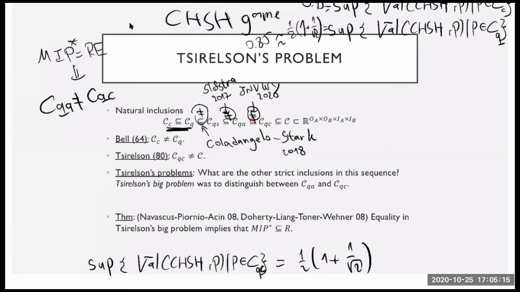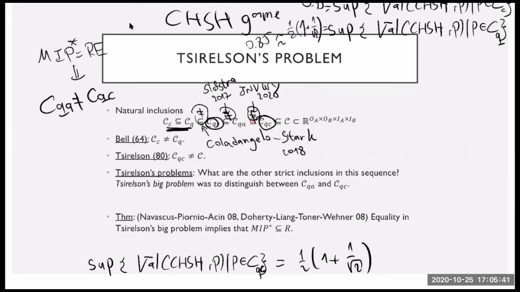Actually, the fact that this thing and this thing are not the same is a previous work of Slofstra, and you can say that this was actually Tsirelson's original problem. Tsirelson asked just whether the quantum commuting and the quantum spatial models are different. Already Slofstra showed that they are different.